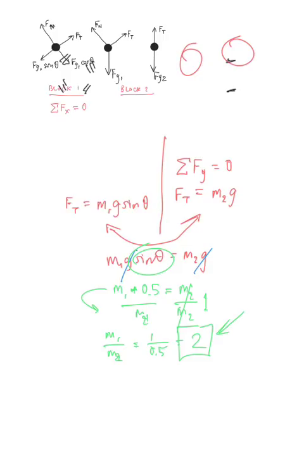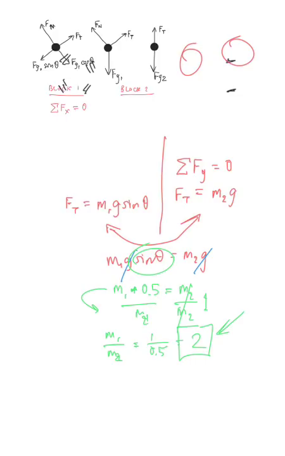So if the ramp were still frictionless, increasing this ratio, meaning M1 is now a little bit bigger, or M2 is now a little bit smaller than what it currently is, that means that because M1 is bigger than M2, it's going to cause M1 to want to go down the ramp, and M2, the hanging mass, to move upward.